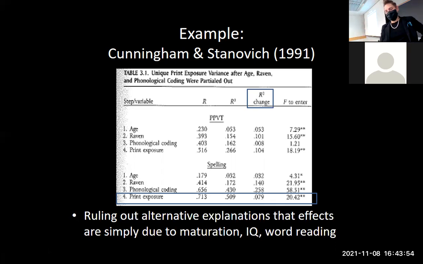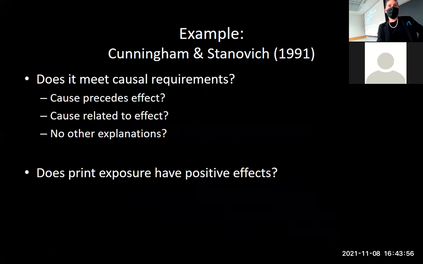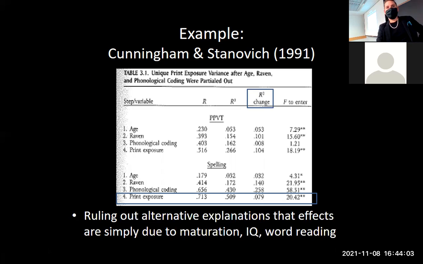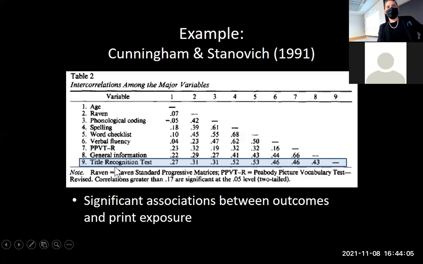That one's a stretch, I think. Are they related? Is the cause related to the effect? So these tell me that yes, the cause is related to the effect, so we meet that second point.